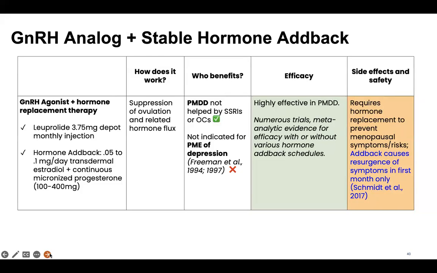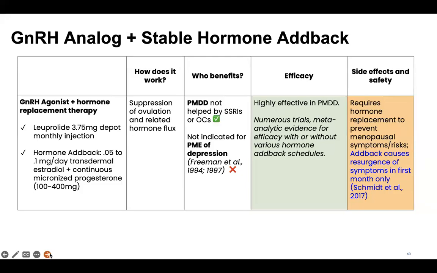This is kind of the next line of treatment, right? If someone seems to have treatment-resistant PMDD that is not responsive to SSRIs and is not responsive to birth control, then we start thinking about something like the GnRH analog treatment with a stable hormone add-back. So GnRH agonist plus hormone replacement therapy typically involves leuprolide at a 3.75 dose with a monthly injection.